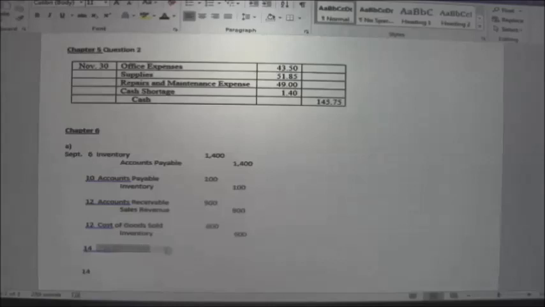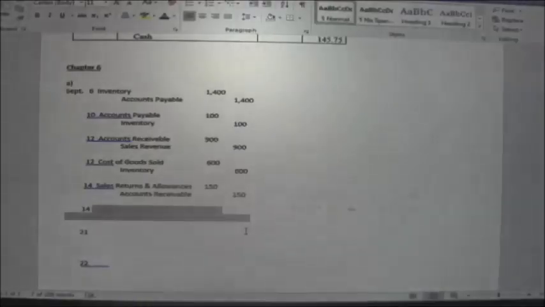But because this is a sale, instead of just reversing sales revenue, we don't do that. We go ahead and use these sales returns and allowances, okay, which is a contra account for sales revenues. And so we just recognize that they do not owe us the $150, and we called it a sales return and allowance.